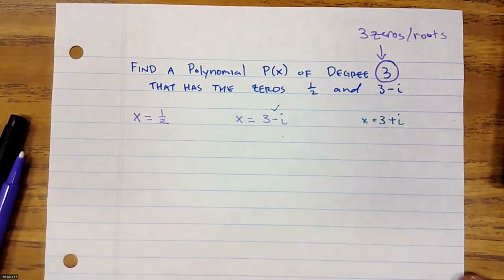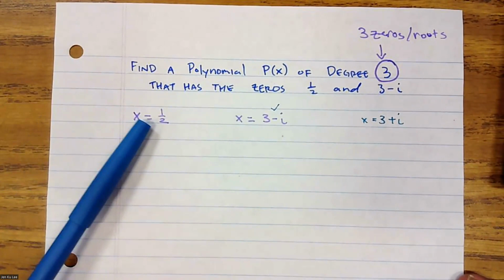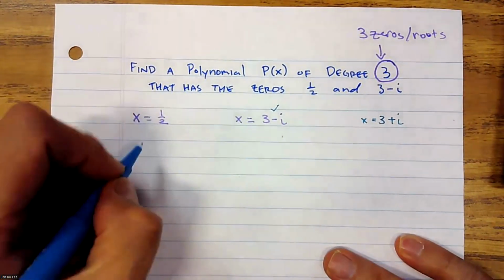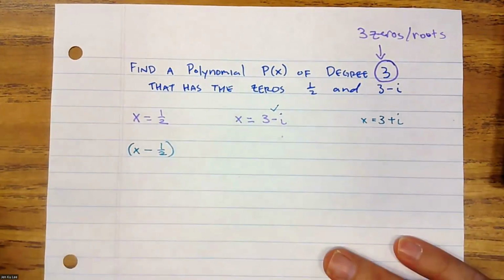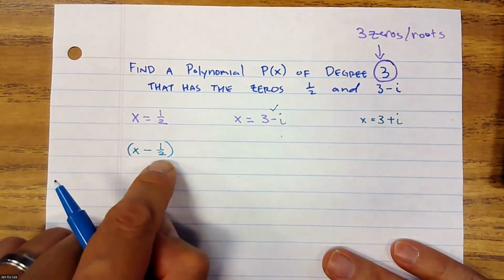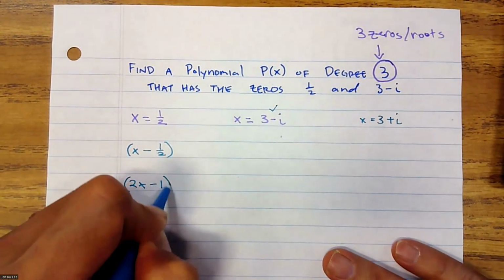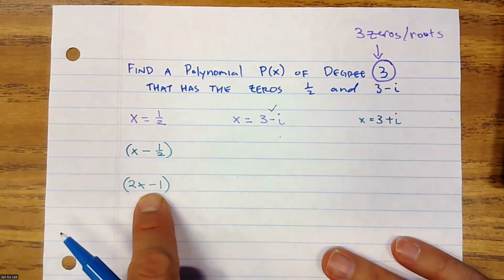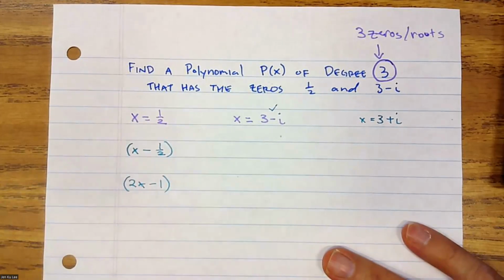Okay? So remember, if x equals 1/2 is my root, then I know that x minus 1/2 is my factor, right? But we do not write it like this. We put this denominator up. So that's going to be 2x minus 1, right? So that's my factor when x equals 1/2 is my root.